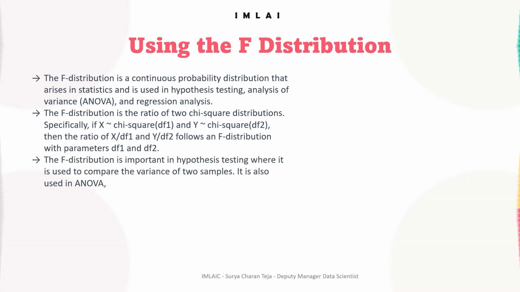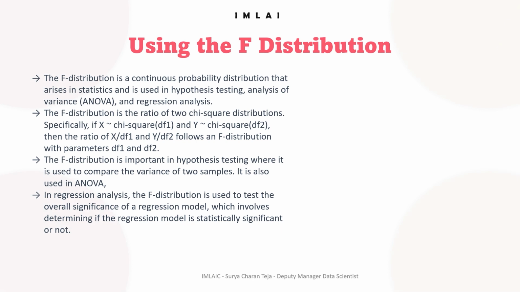And in regression analysis it is very important: the F distribution is used to test the overall significance of a regression model itself, which involves determining if the regression model is statistically significant or not.